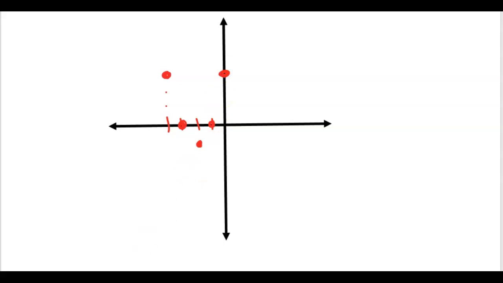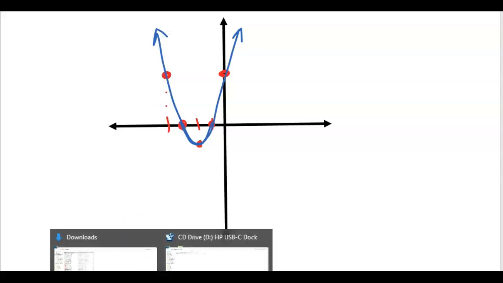And so you put those points that we just figured out in the table on your graph paper. And do you see the parabola taking shape? And so the parabola, do you see that the parabola is going to open up just like we said just a minute ago?